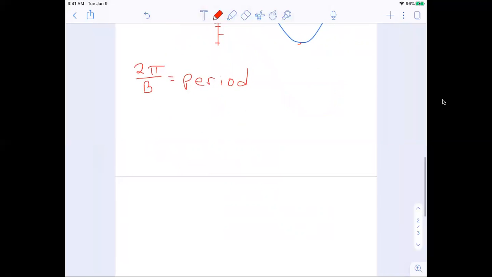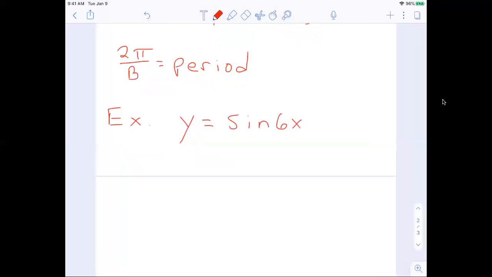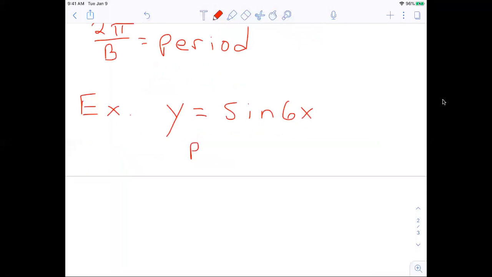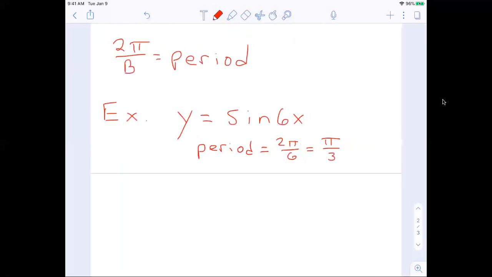So if I wanted to graph, let's say, y equals the sine of, let's say, 6x, that means the period, meaning how long it's going to take to repeat itself, the period would be 2 pi over 6, which is pi over 3.